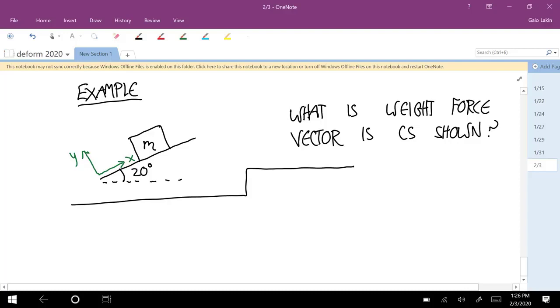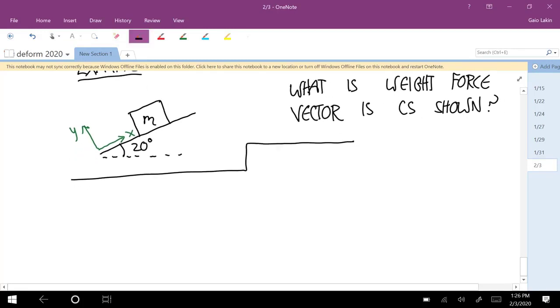Well, you know, you're used to doing this with trigonometry. You draw a triangle or whatever, come up with the components. But you can also do it because in this coordinate system, the weight force is, you know, easy, instant to figure out. 0, negative mg, 0.